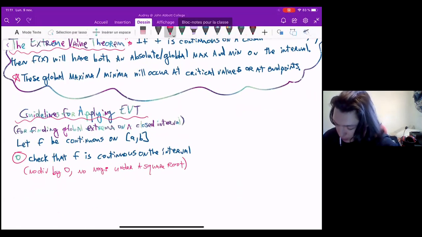And then our real first step is to find the critical values that occur on the interval.